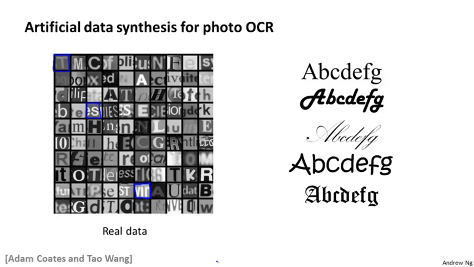So if you want more training examples, one thing you can do is just take characters from different fonts and paste these characters against different random backgrounds. So you might take this letter C and paste that C against a random background. And if you do that, you now have a training example of an image of the character C.